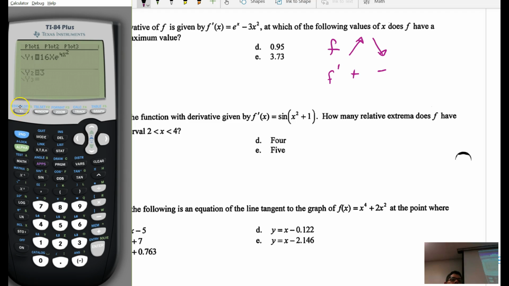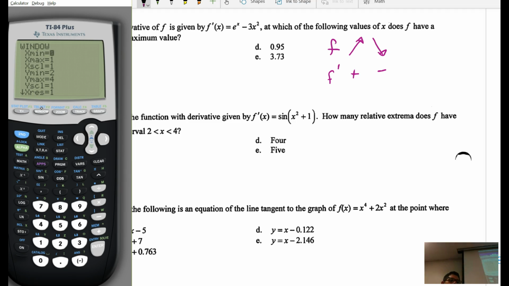Y equals, let's type in f prime. And then before I hit graph, I'm going to hit window. And what x's do I want to see?